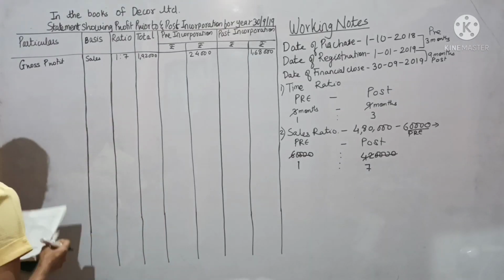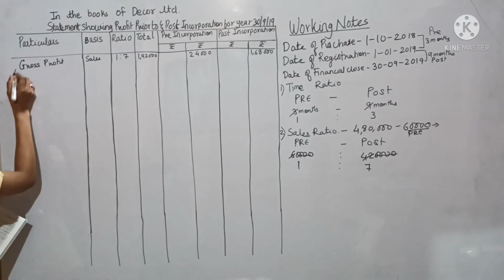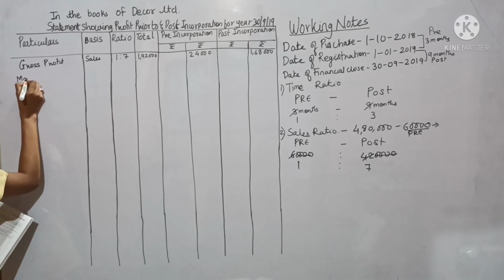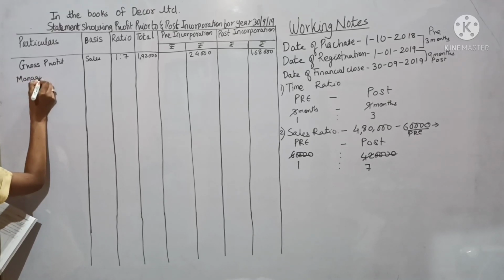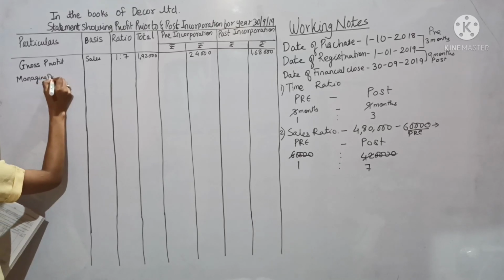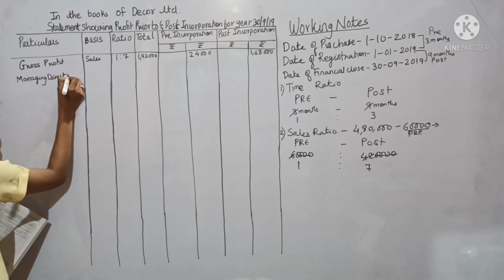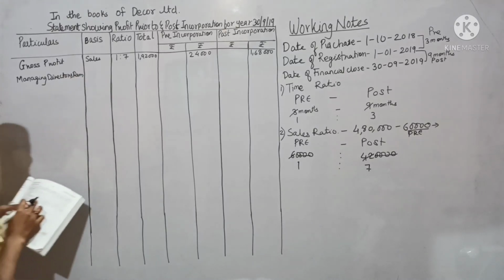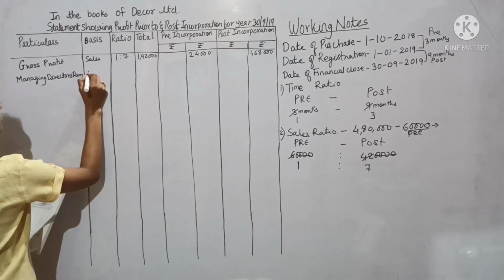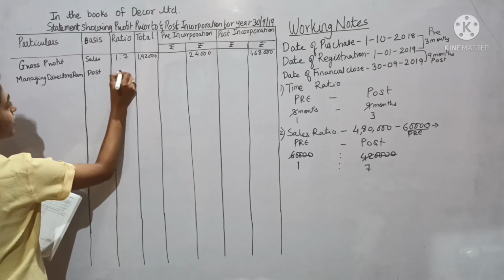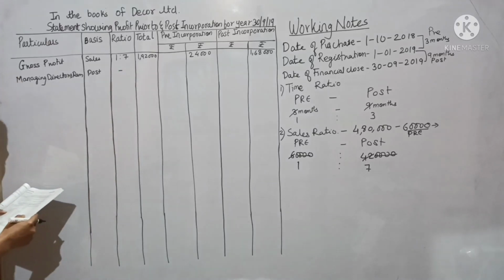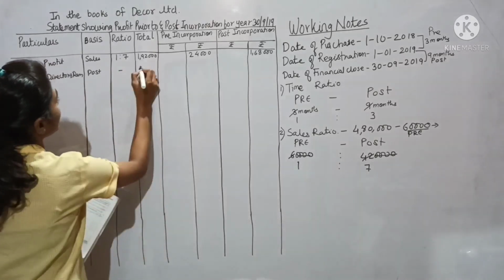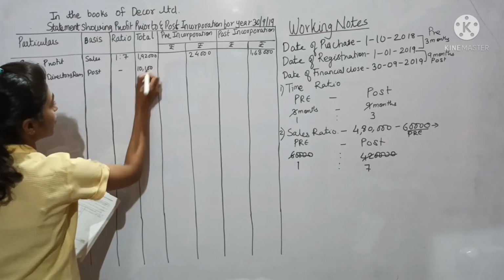Next is managing director remuneration. This entry we have to give to post. So no ratio. Amount of managing director remuneration is 10,100.